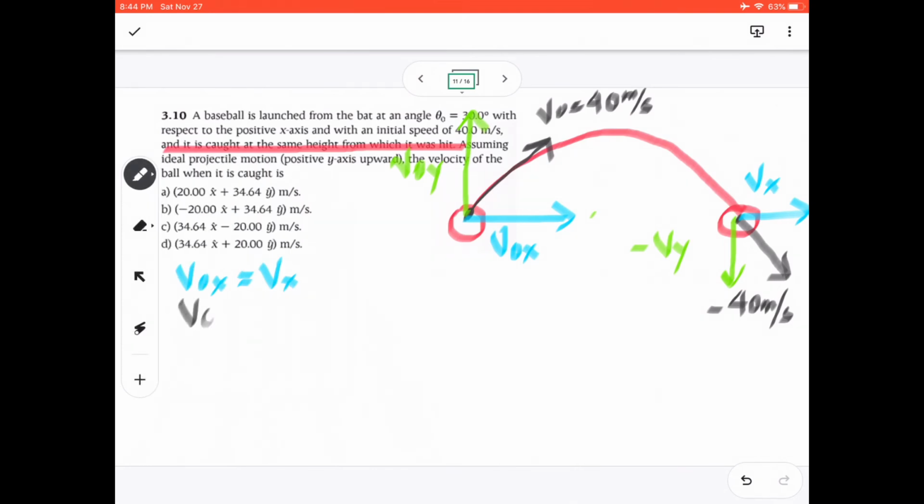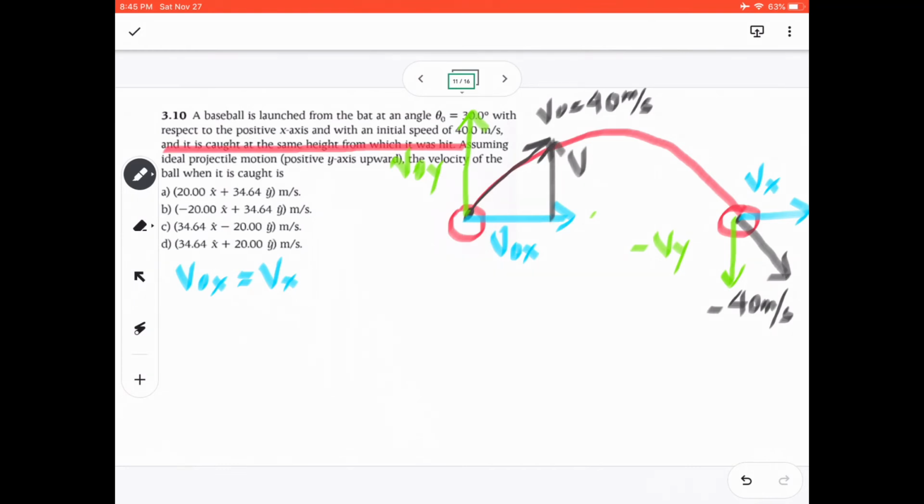Not equal, just the magnitudes are equal. Let's say V0y is 5 meters per second. The Vy is also 5 meters per second, but in the negative direction. Alright, magnitudes are equal.